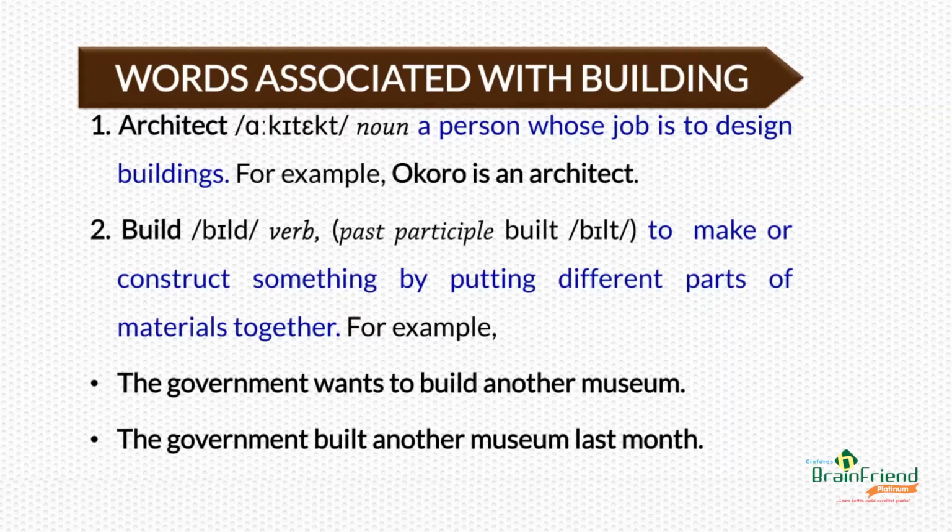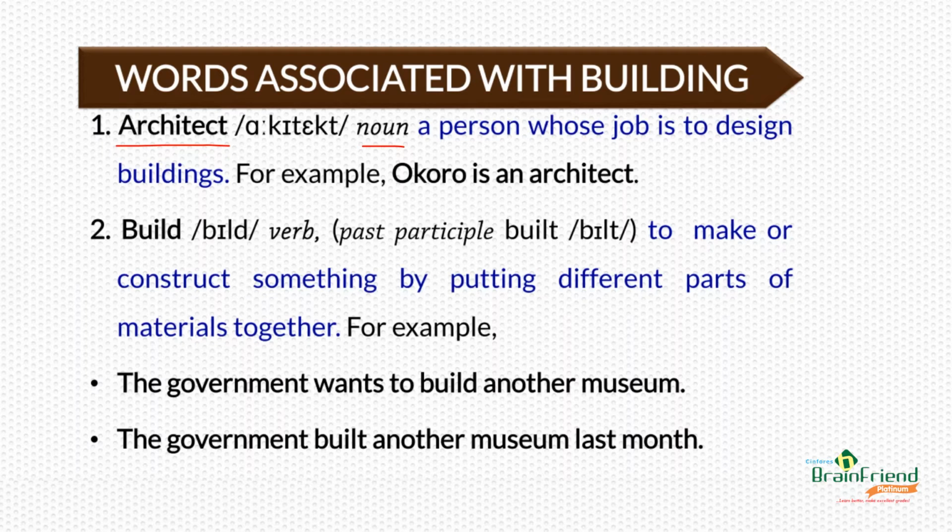Now, having known what a building is and the types of buildings we have, let's take a look at words associated with building and building construction. First, we have the word architect, which is a noun, and it means a person whose job is to design buildings. For example, Okoro is an architect.